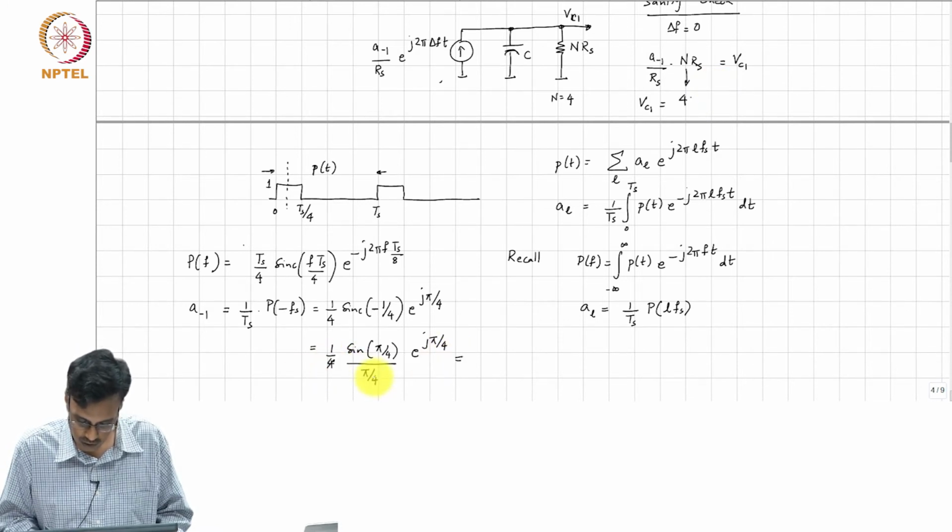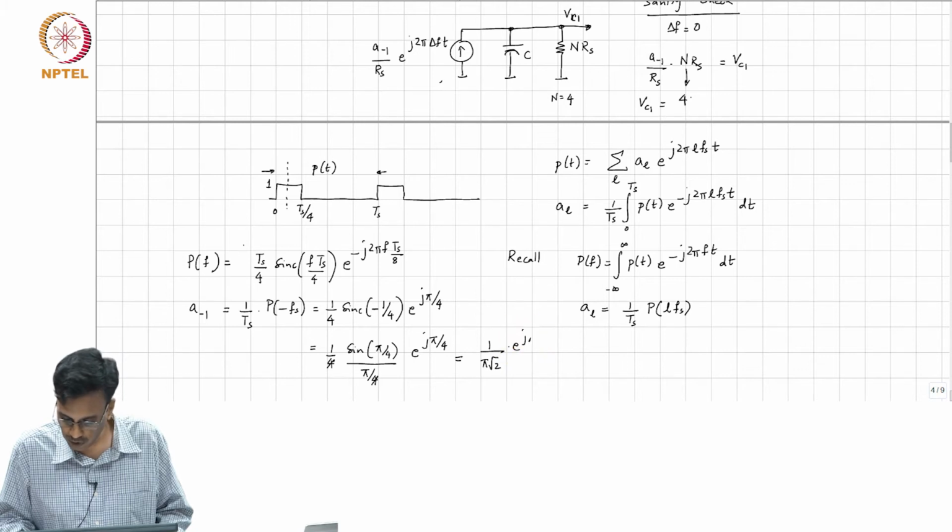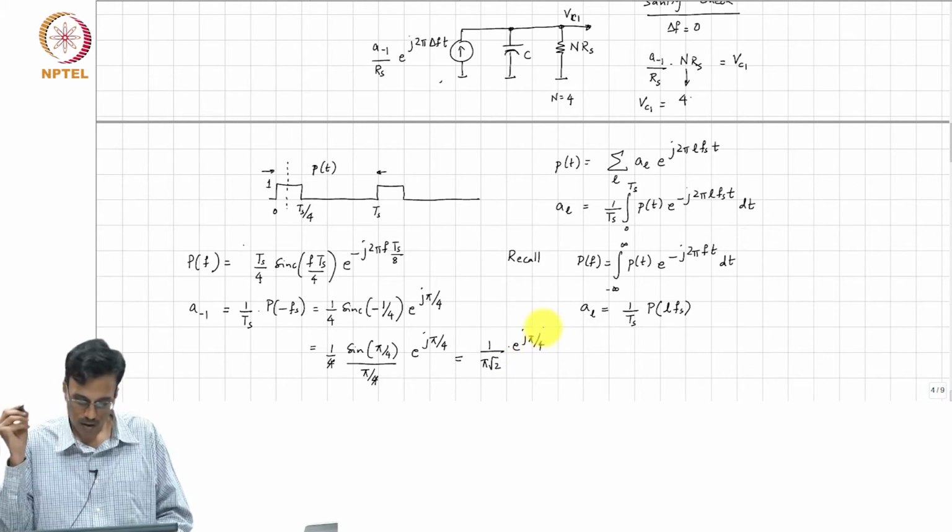So, this and this goes away, and therefore, you have 1 by pi root 2 times e to the j pi by 4. I hope there is no error.